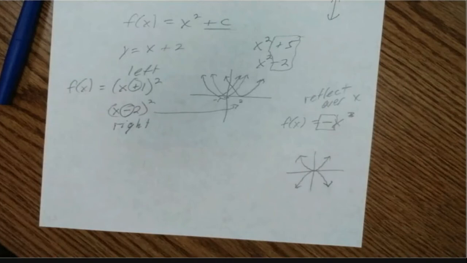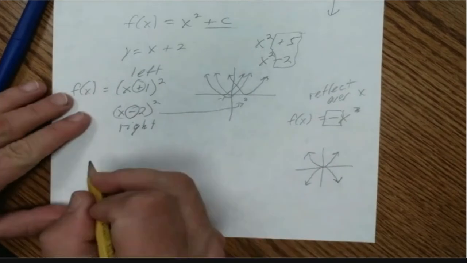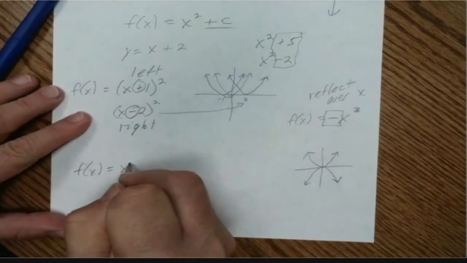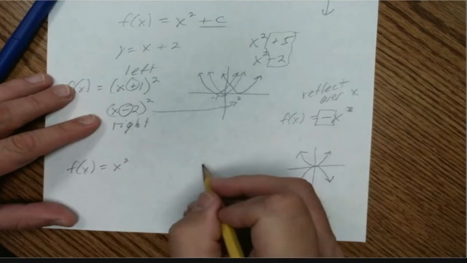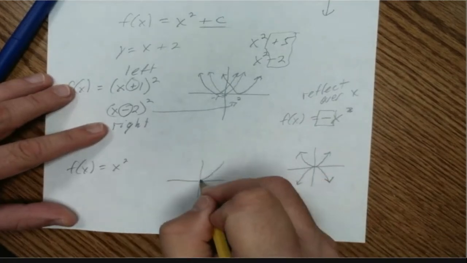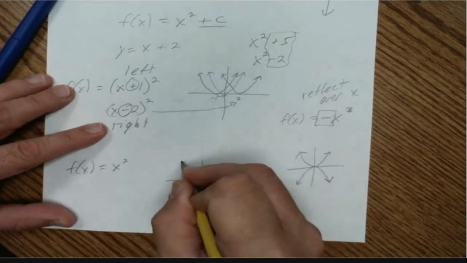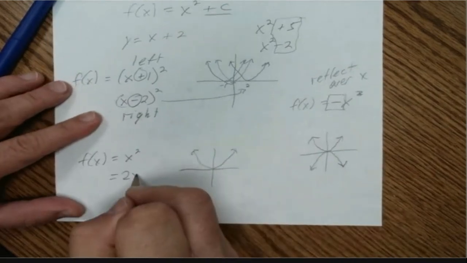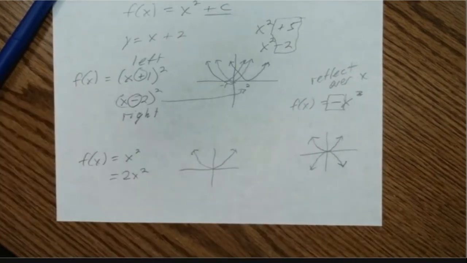The other thing we can do is a non-rigid transformation. Let's do one more thing to it. If we have f of x equals x squared, again we've got just the regular quadratic graph, and we change it to be 2x squared.